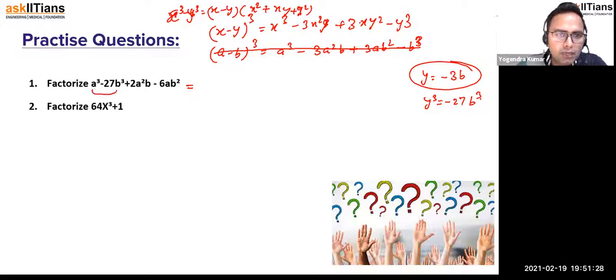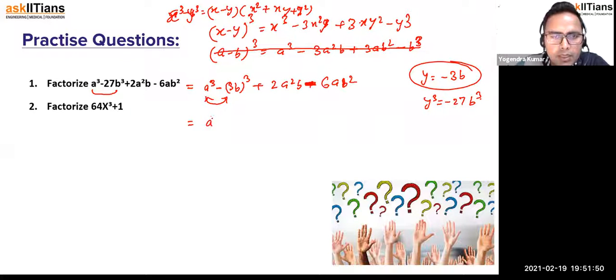So what do we have? We have these two here, a cube minus 3b cube, plus what do we have further? 2a square b minus 6ab square, right? We need to factorize. So let's factorize this now. What do we have here? a minus 3b.